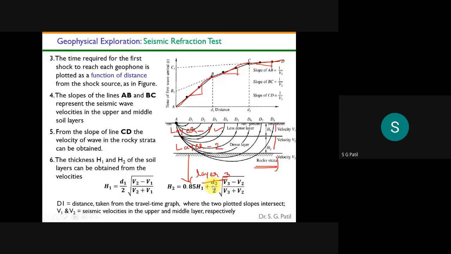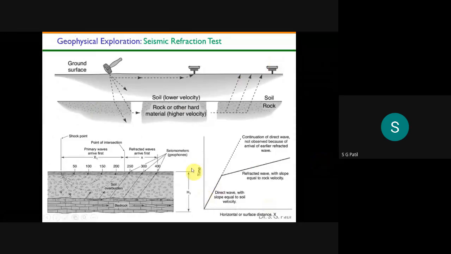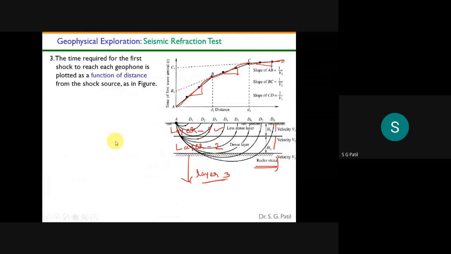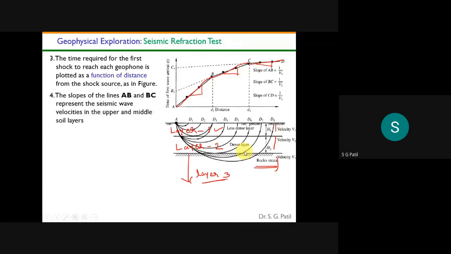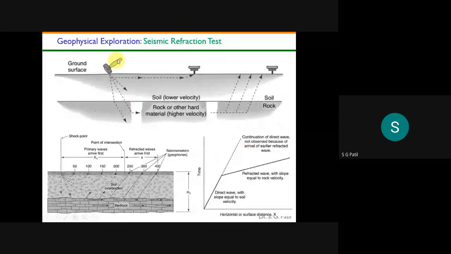So this is another picture of the same figure. Whatever figure I showed, this is another way of representing it. See, this is the geophone, and this is the hammer.